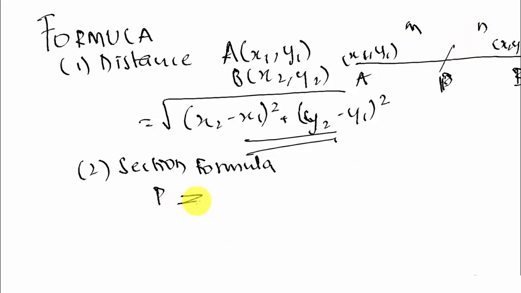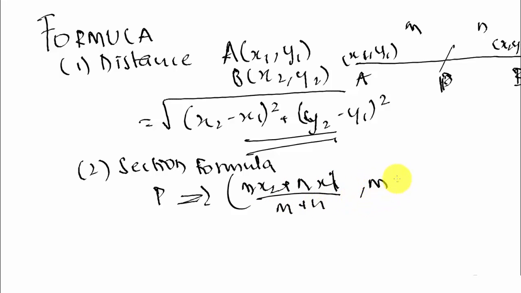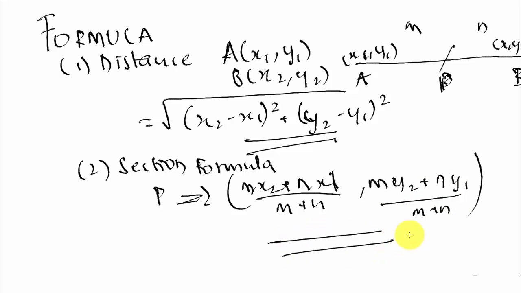Then the coordinates of P are going to be equal to mx2 plus nx1 divided by m plus n, and my2 plus ny1 divided by m plus n. This is going to be the coordinates of this point right here.